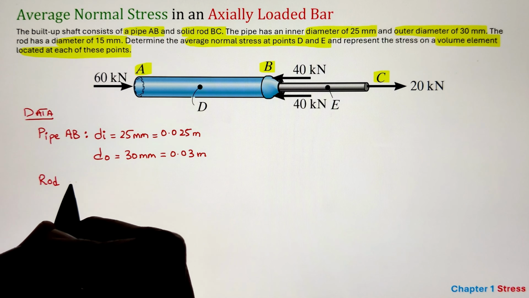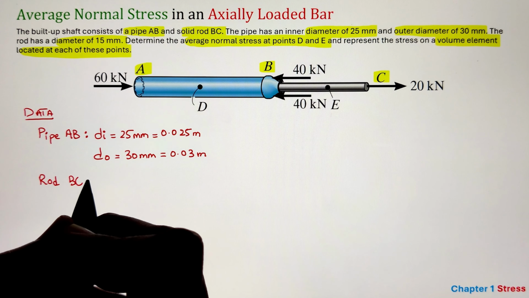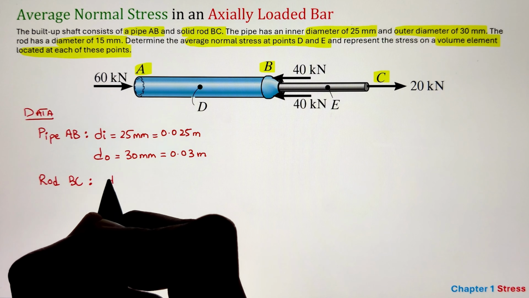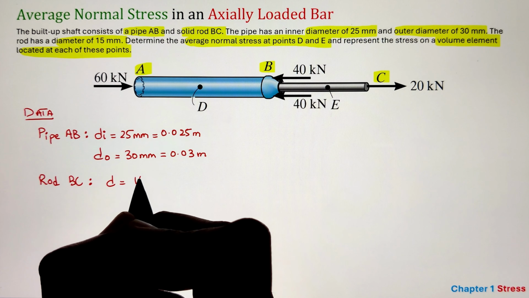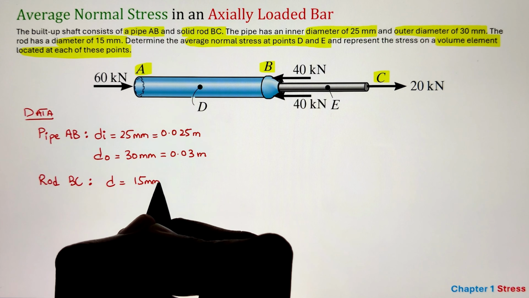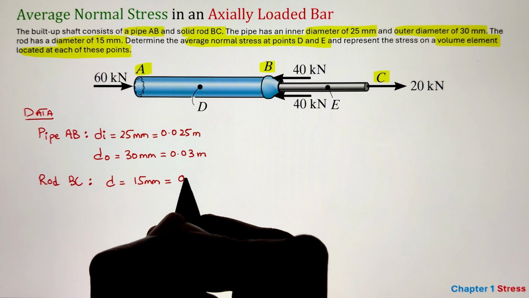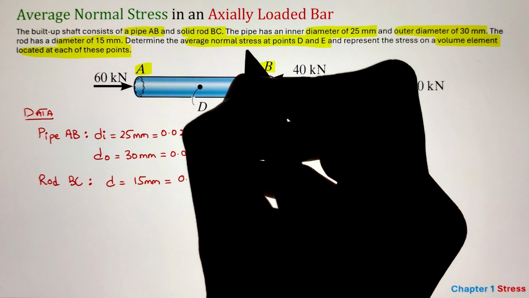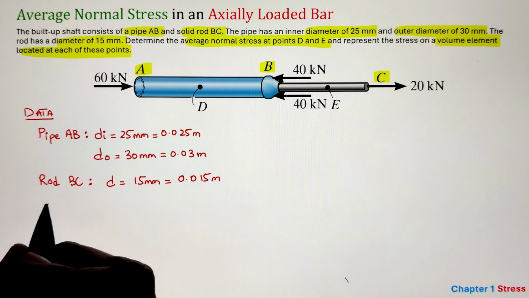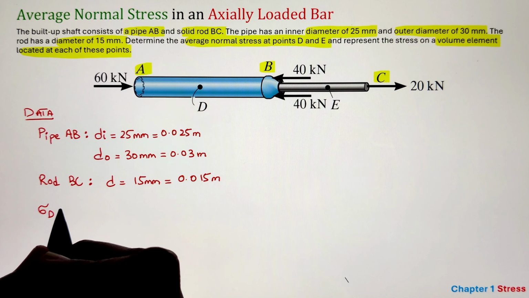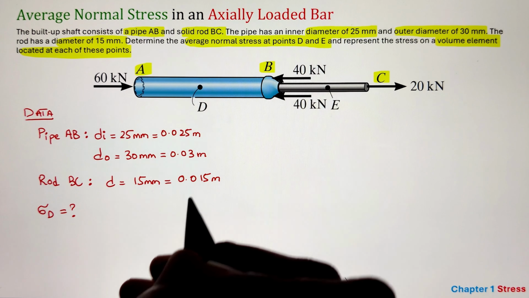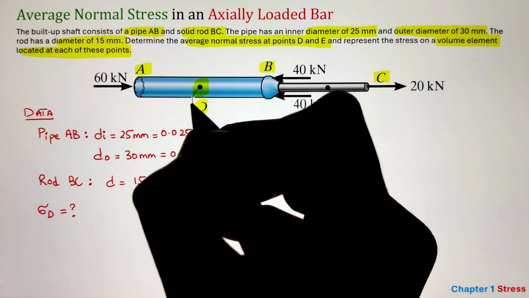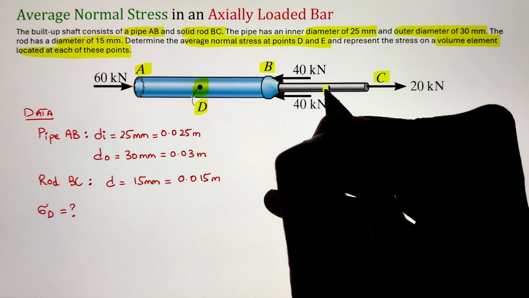0.015 meters. Now, since we are looking for the average normal stress at points D and E, this can be represented as sigma D and sigma E. And as we know, normal stress is equal to force over cross-sectional area, so we are basically looking for our force at point D and force at point E here.